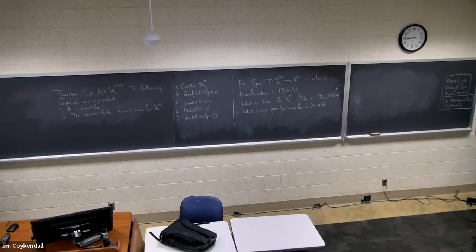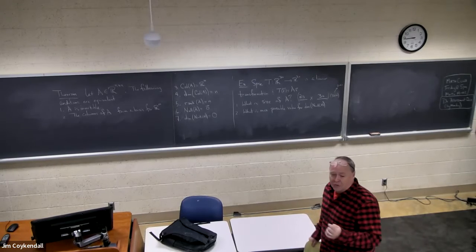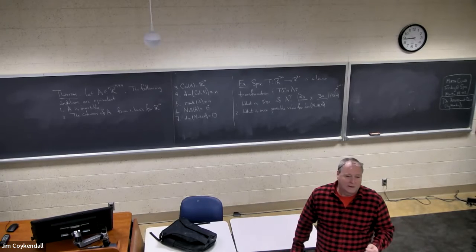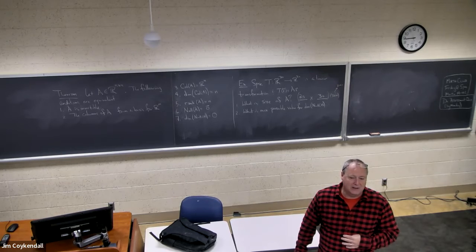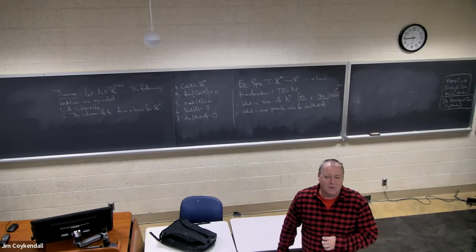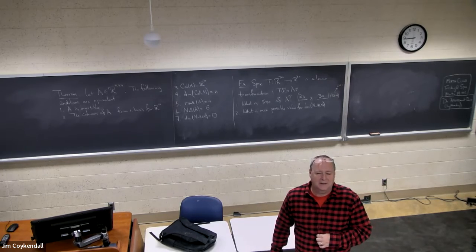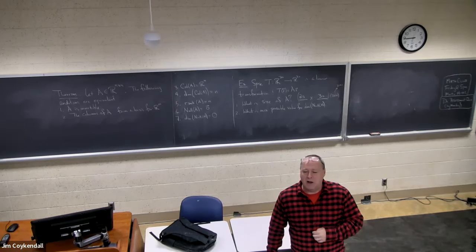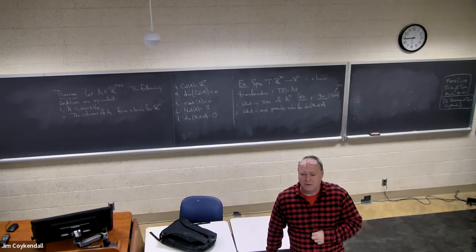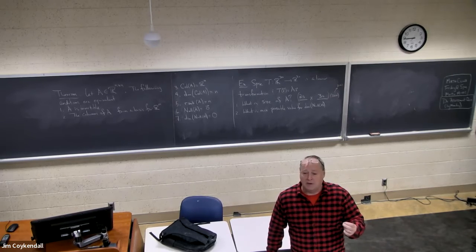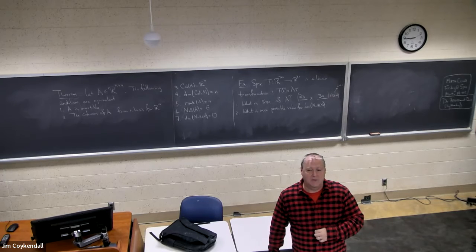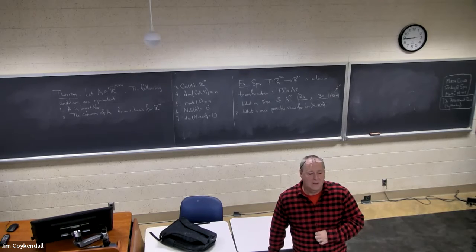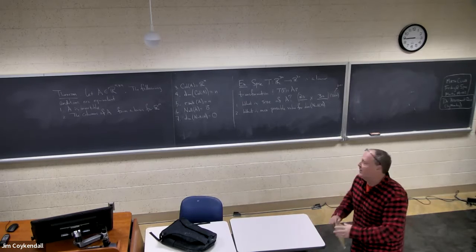Now, if you have the 0 matrix, how many pivot columns do you have? You've got 0 pivot columns, right? So how many free variables do you have? Right, 30, one for each column.